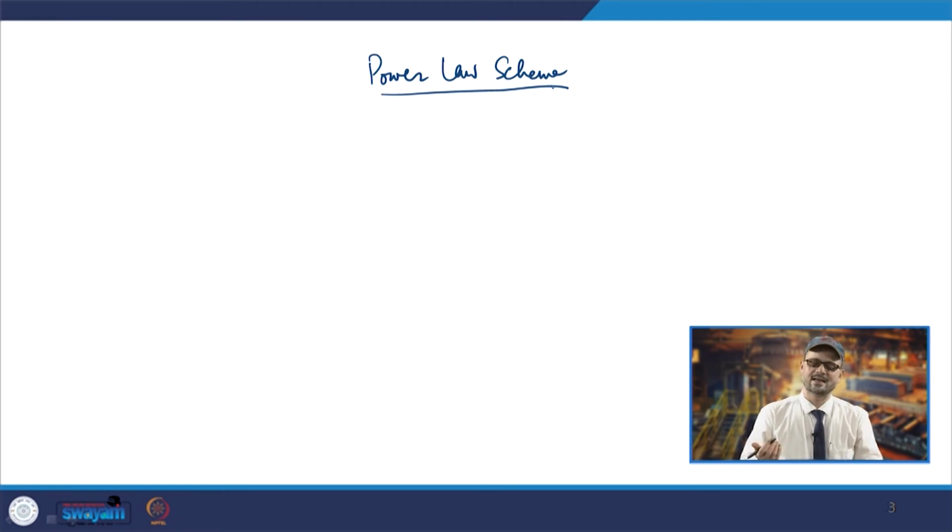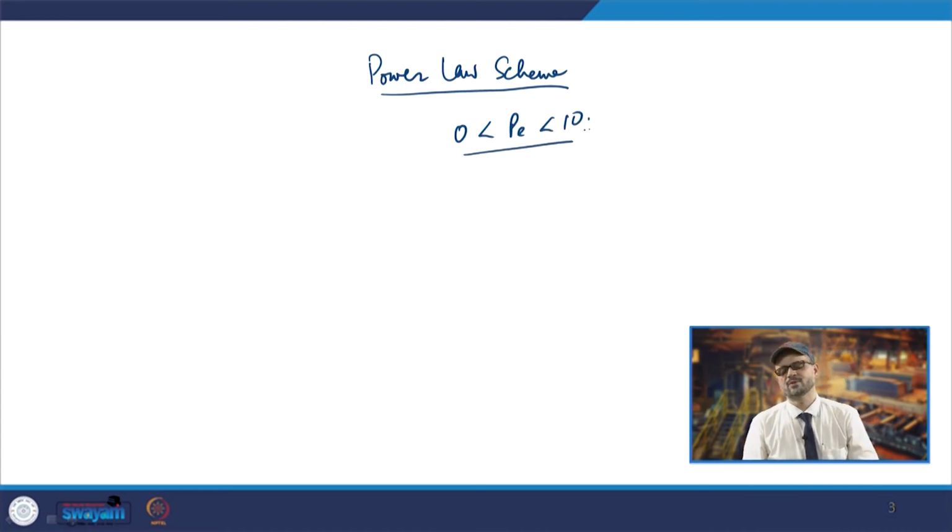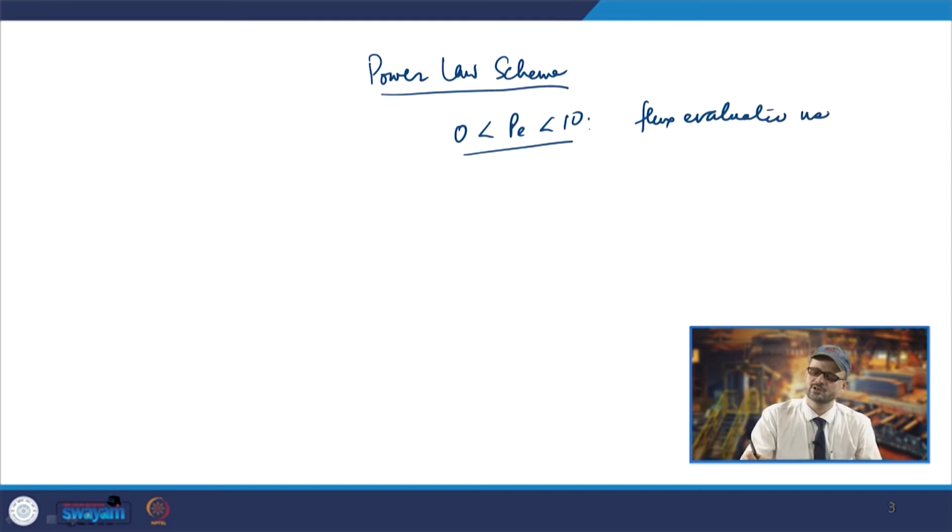What it tells is that if the cell Peclet value is more than 10, in that case the diffusion is said to be 0, and when the cell Peclet value is between 0 to 10, in that case the flux will be evaluated using a polynomial expression.